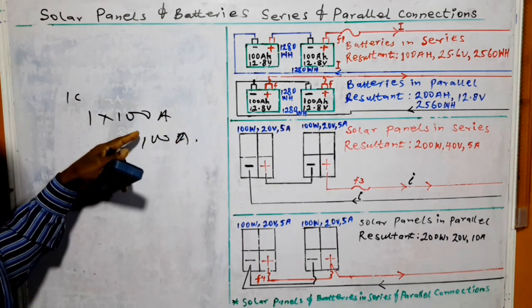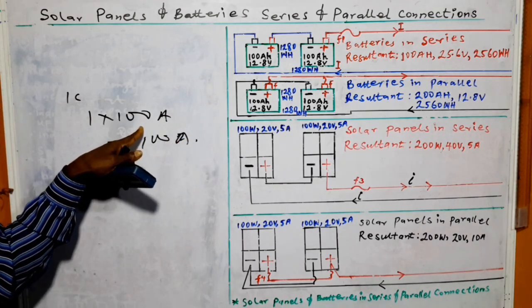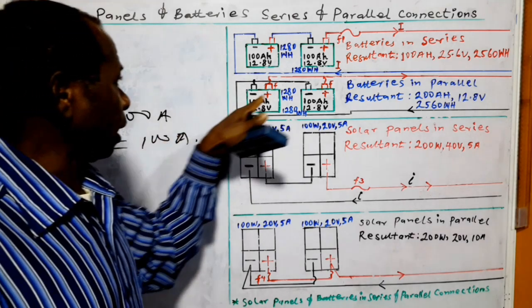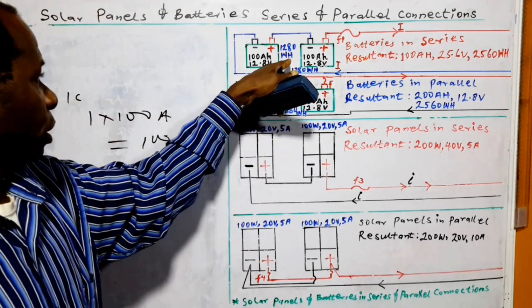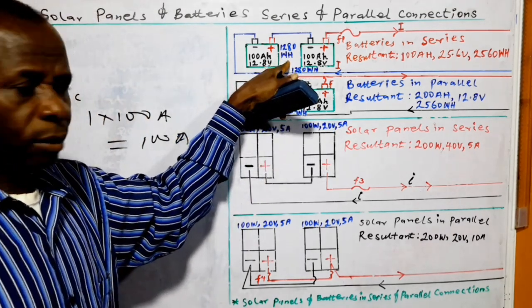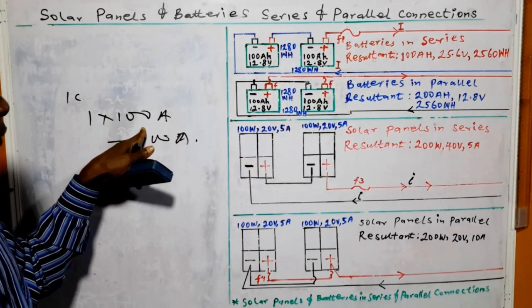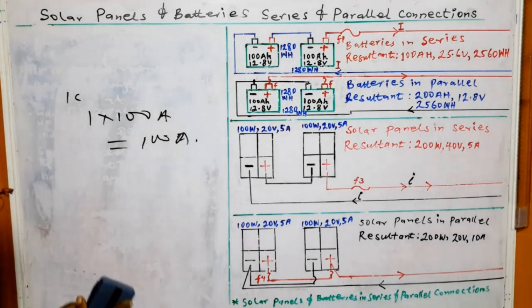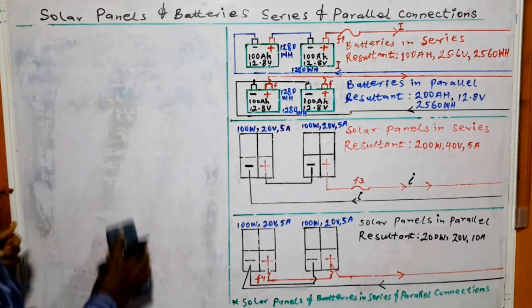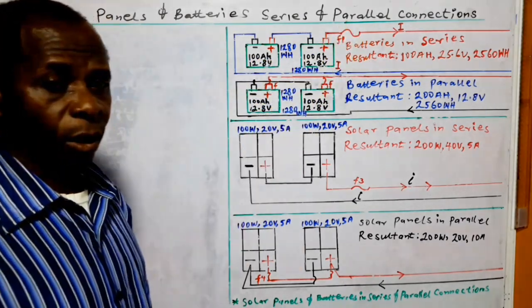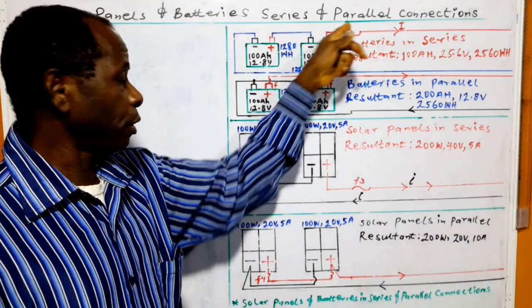This tells us that the maximum current that can be drawn from the system is 100 ampere. It should not be more than this. So in this case, if we have lithium-ion batteries, the fuse here will be of a rating of 100 ampere.